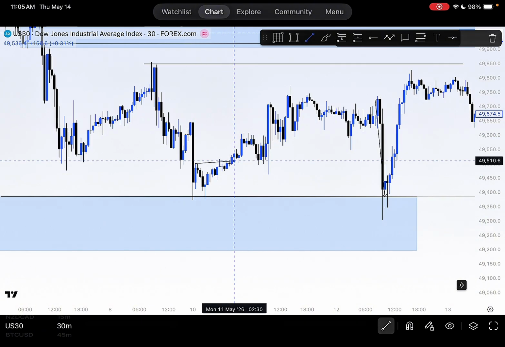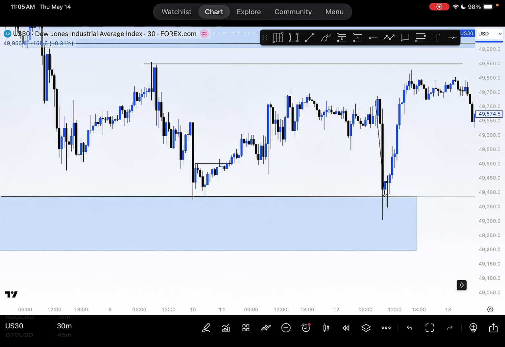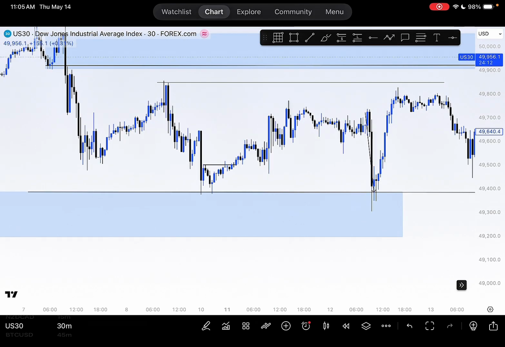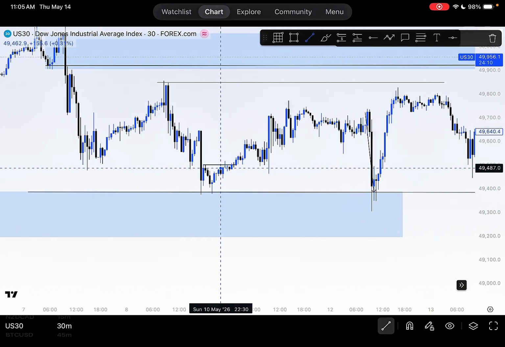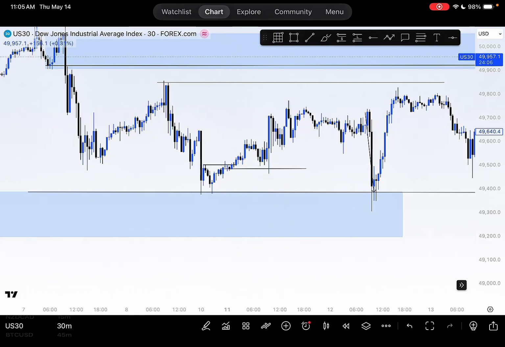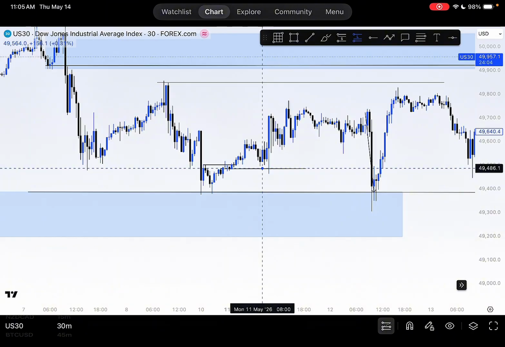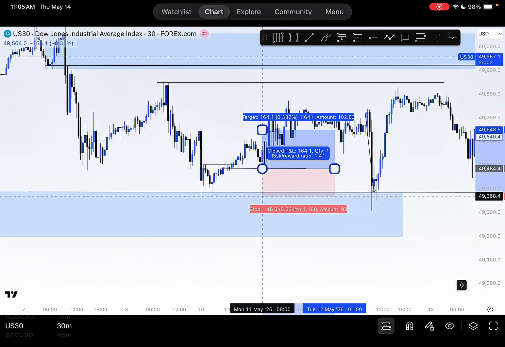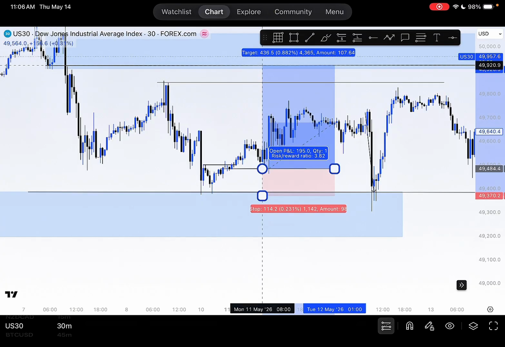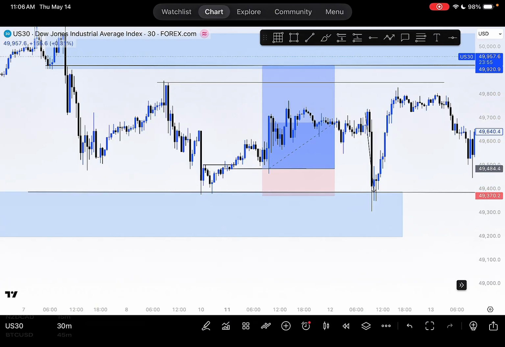I had to re-enter because the market was still showing me more reasons to enter, and this was where I took the trade here. My stop loss was here and my take profit was this zone. What did the market do? The market took me out.